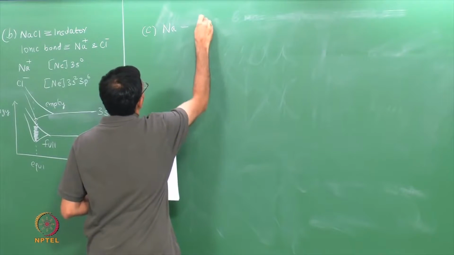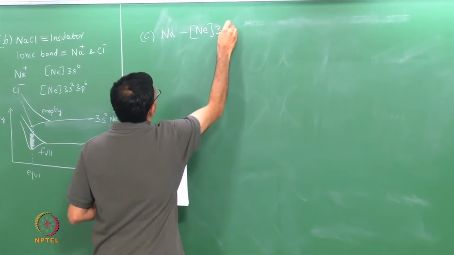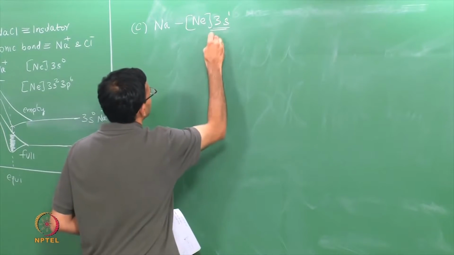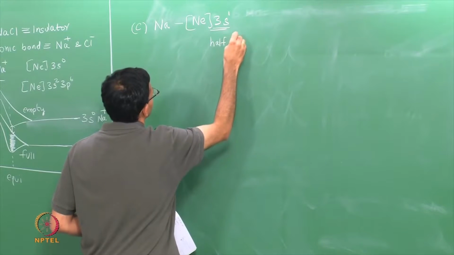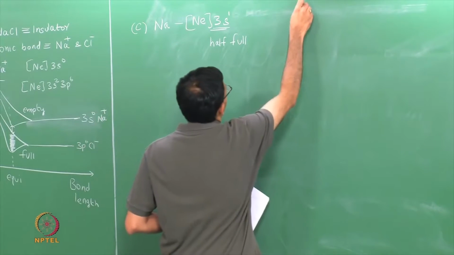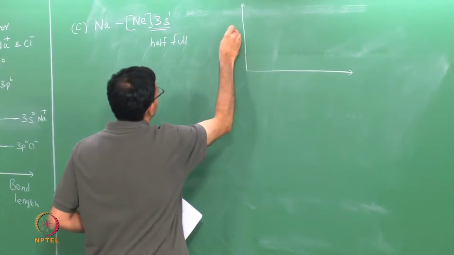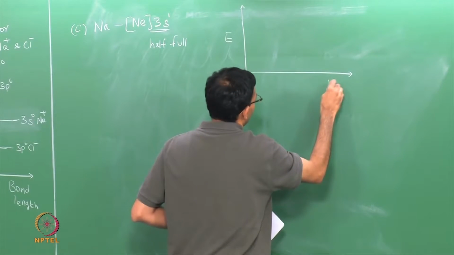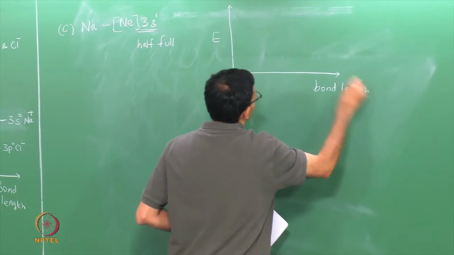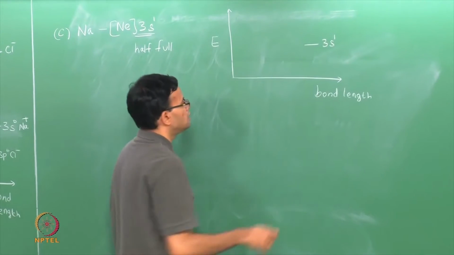Its electronic configuration is neon 3s1. So, we have a band that is half full. The easiest way to depict this is to have your energy E versus bond length. You have a 3s1 that has only one electron.